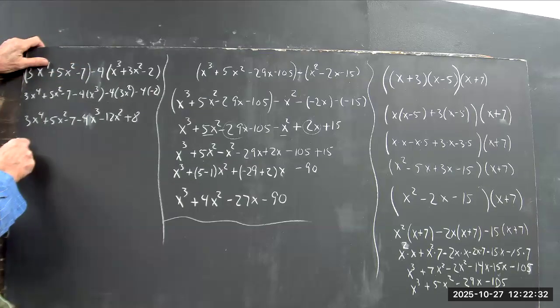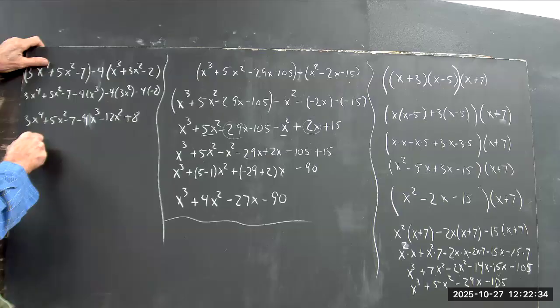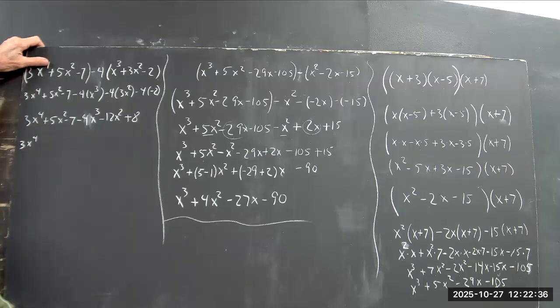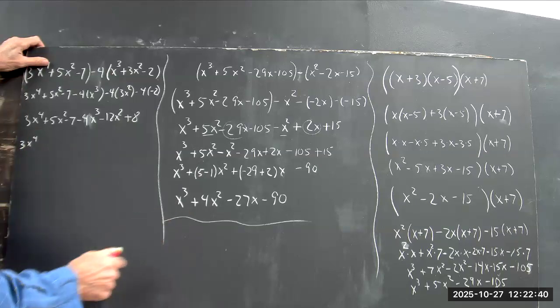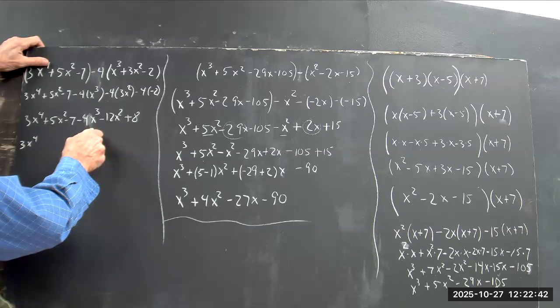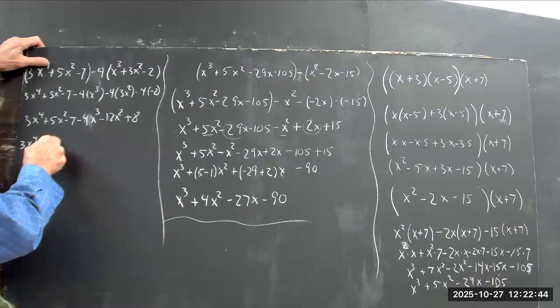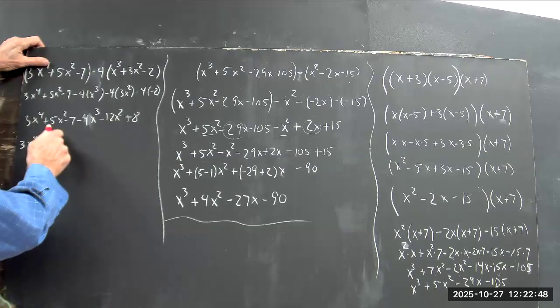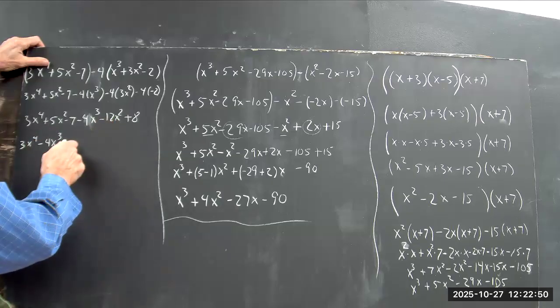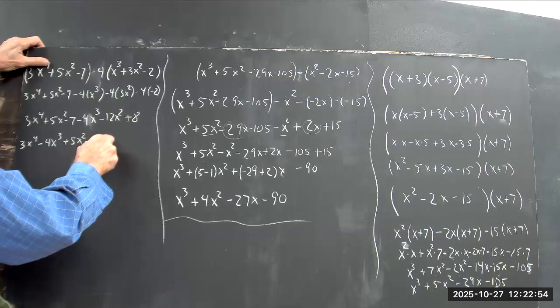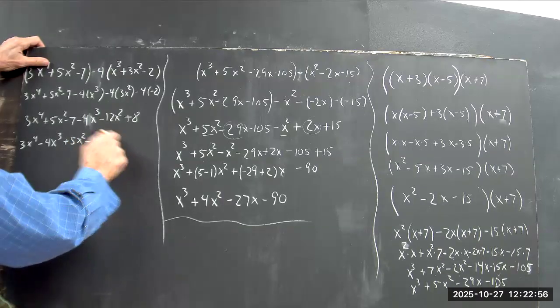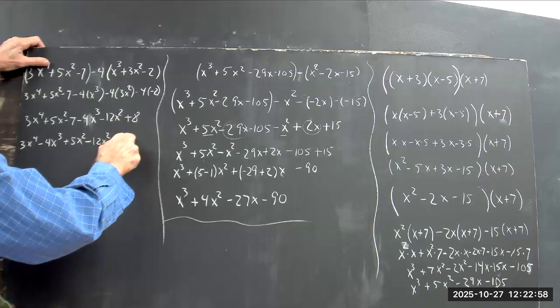Now we group the powers. We have 3x to the fourth, and that's the only x to the fourth we have. And then I try to do it in order of powers. We have a minus 4x cubed, so I'm going to write that down next. And then we have a 5x squared and a negative 12x squared, and then we have a minus 7 and an 8.